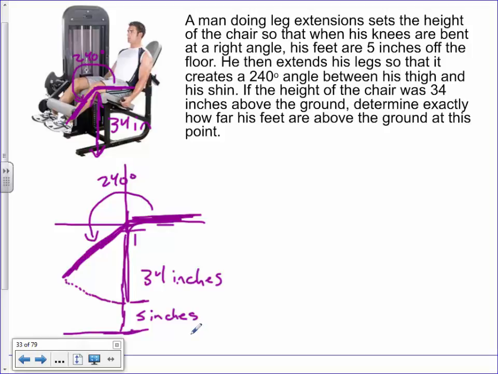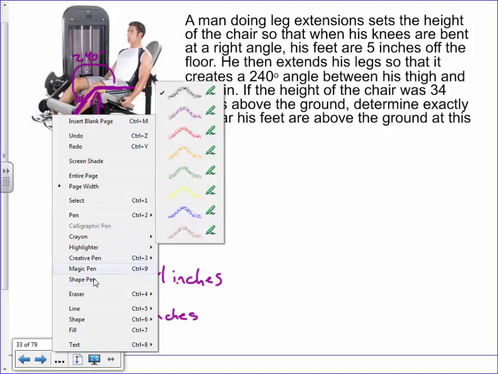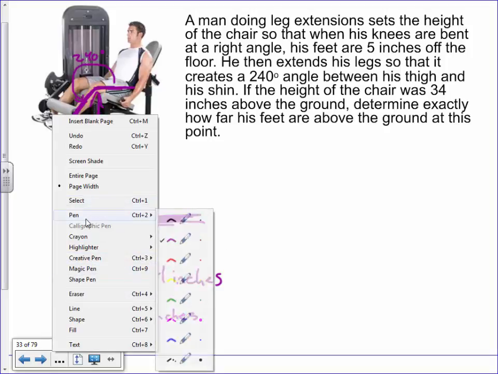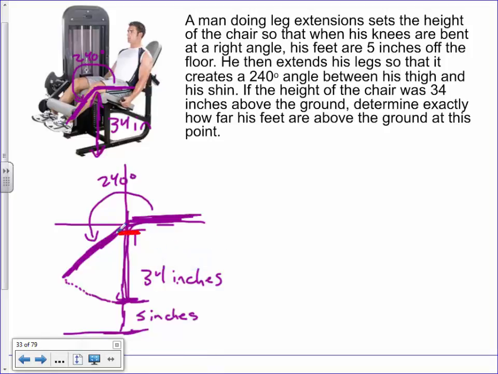Yeah, 29. That makes sense? Because from here to the floor is 34, but then there's 5 inches left over. So what I'm basically telling you is that from here to here is 29. Maybe I'll even use another color for that. Pen red. From here to here then must be 29 inches.